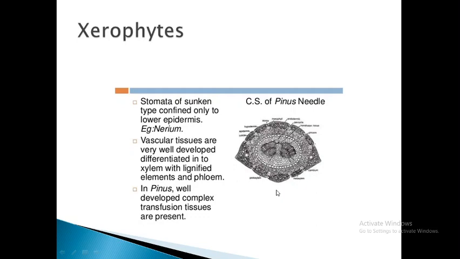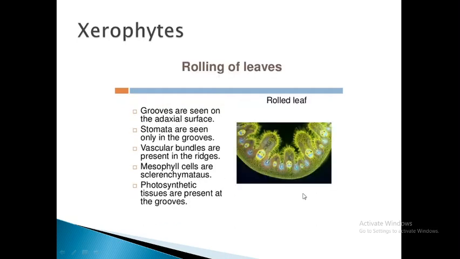Vascular tissues are very well developed, differentiated into xylem with lignified elements and phloem. In Pinus, well-developed complex transfusion tissues are present. Here, rolling of leaves.